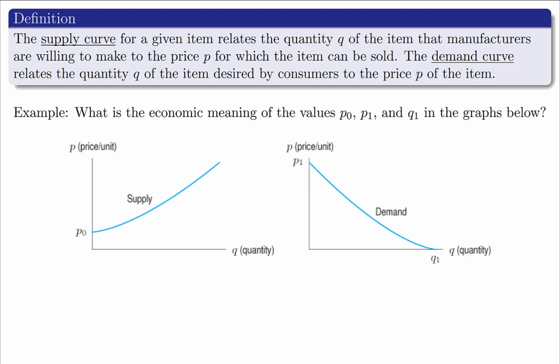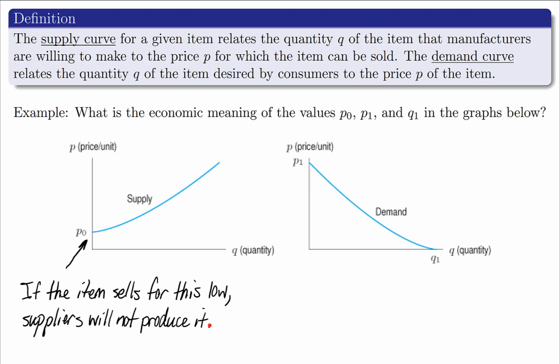Let's mark a few points on these charts. For this P0 here, this is when the quantity is 0 and the price associated with it. At this one, if the item sells for this low, suppliers will not produce it. Now let's look at the similar one in the demand function.